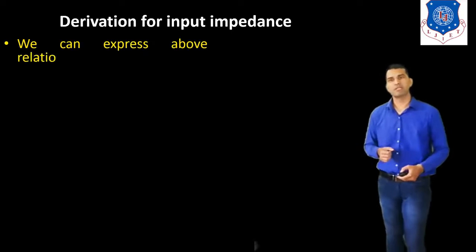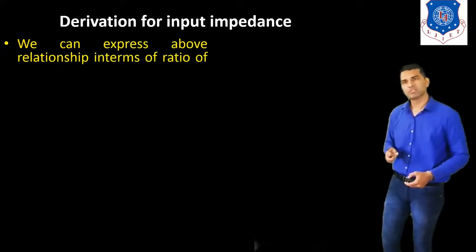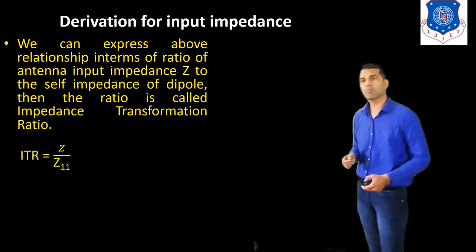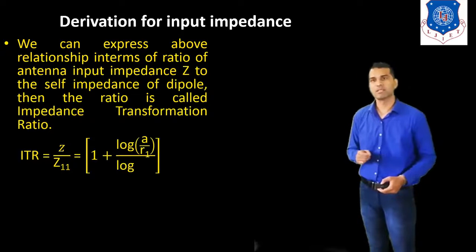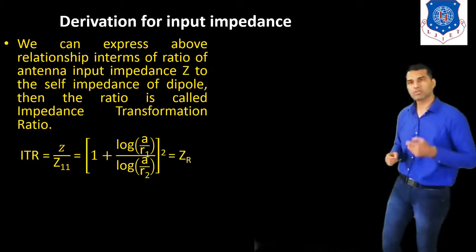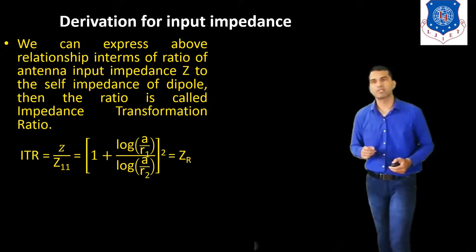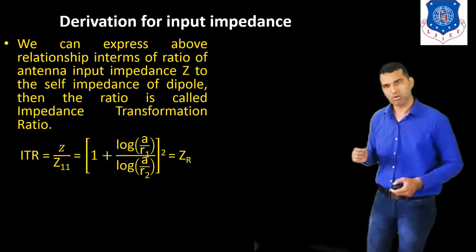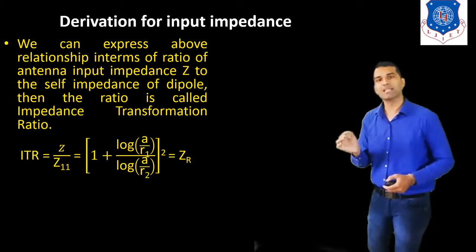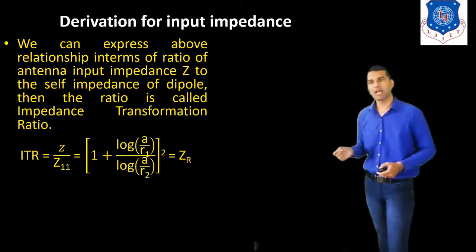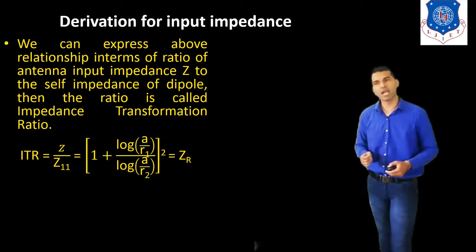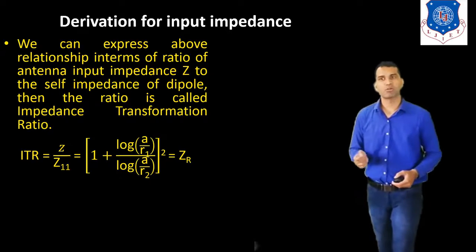We can express the above relationship in terms of the ratio of antenna input impedance Z to the self impedance of the dipole. This ratio is called the impedance transformation ratio, or in short ITR. So we can write ITR is equal to Z upon Z11. Here the Z11 term is cancelled.